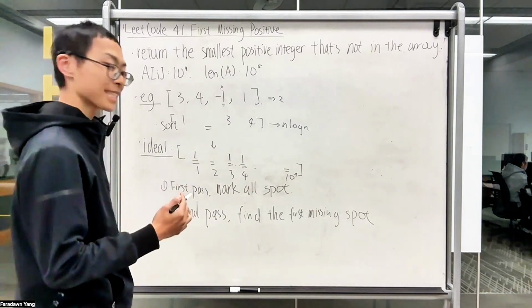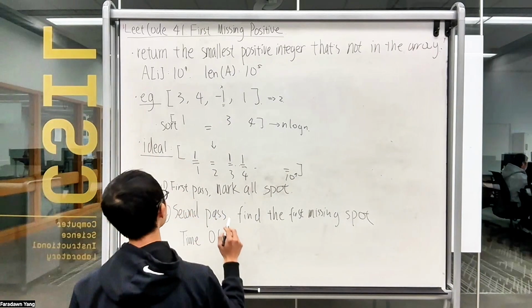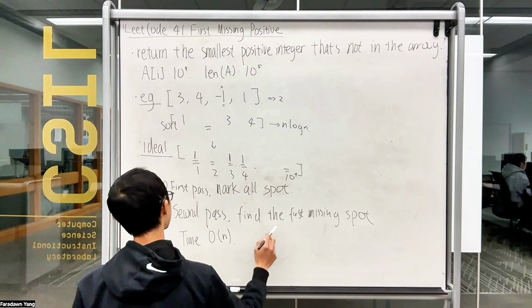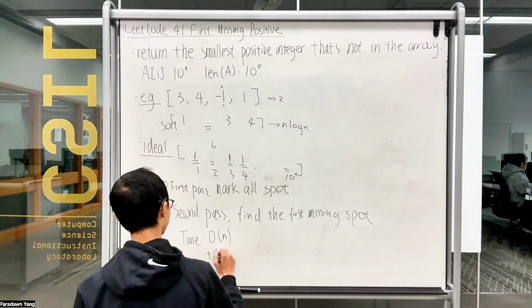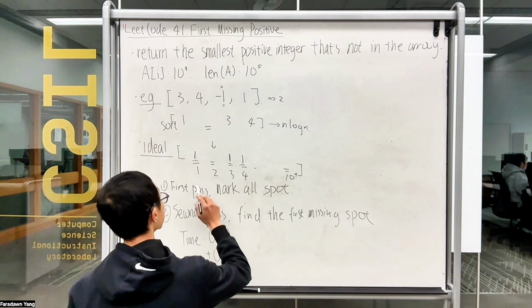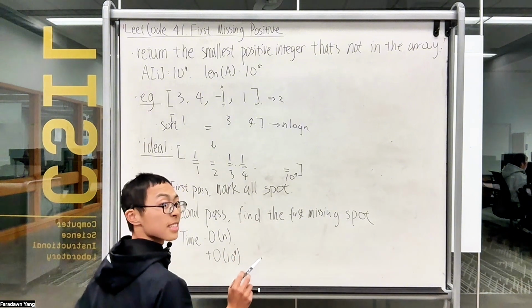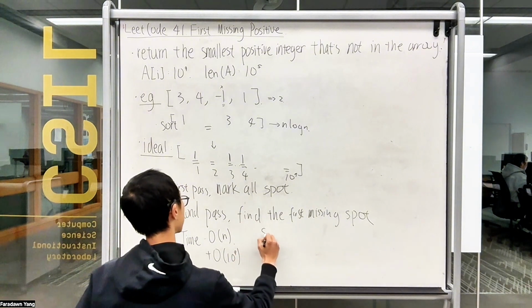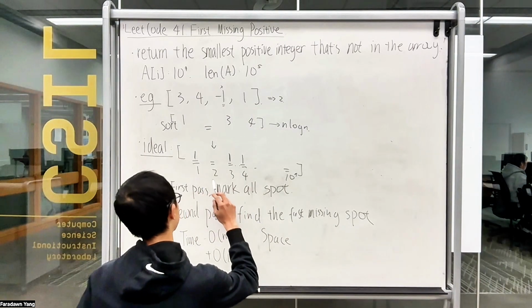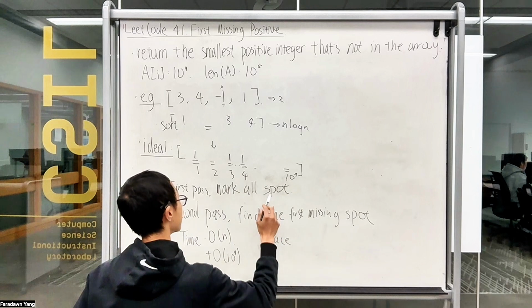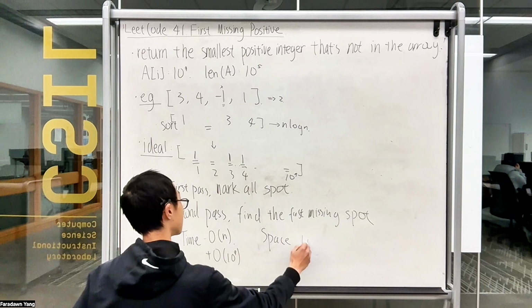What is the time complexity? It is O(n), right? Because we loop through n elements. However, the second pass will be O(10 to the 9th) because there are 10 to the 9th spots, right? What's the space? The space complexity, we need this auxiliary array of 10 to the 9th positions, so it's 10 to the 9th.